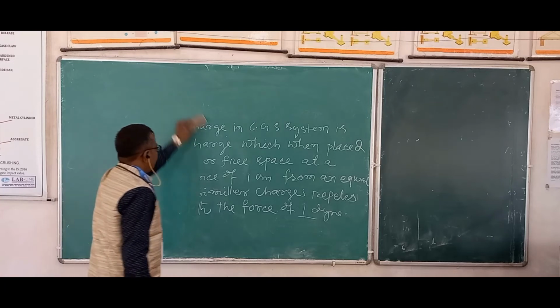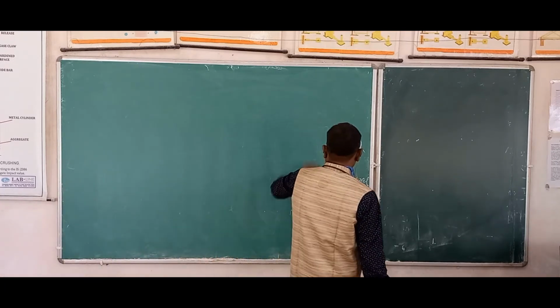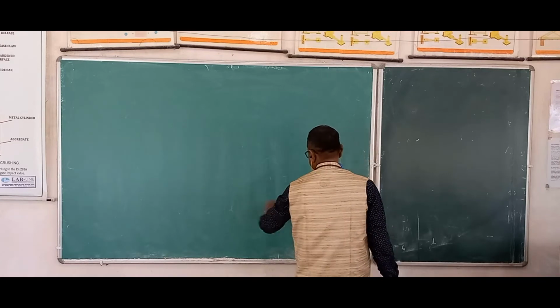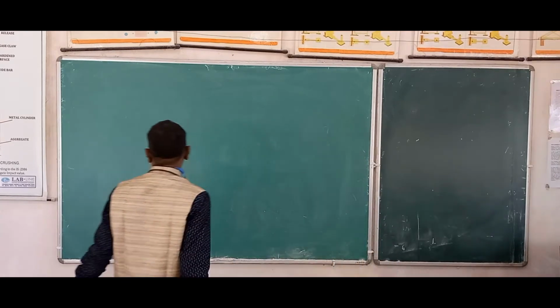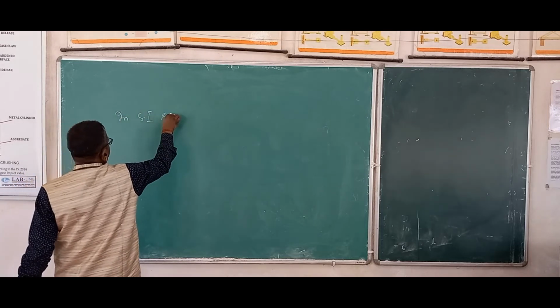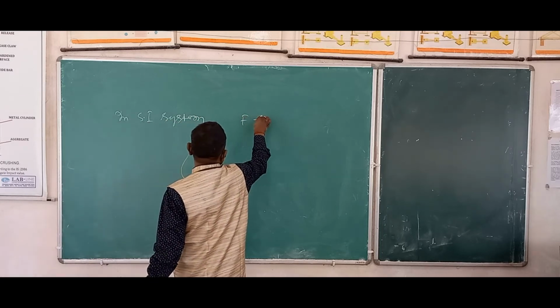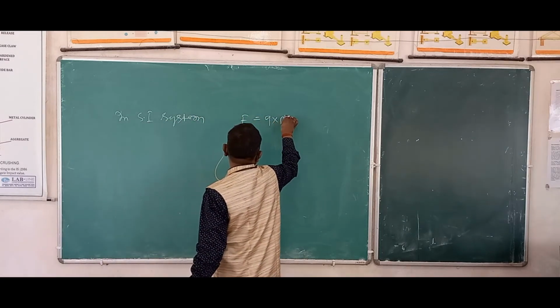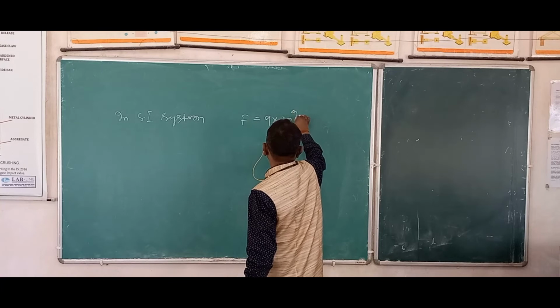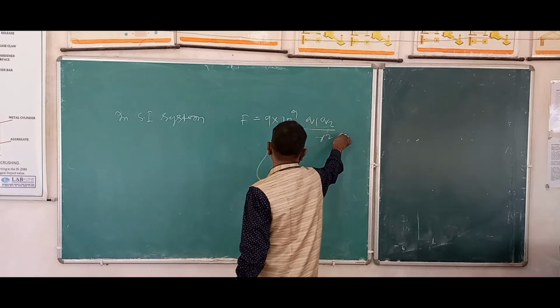Now come to the definition of unit charge in SI system. In SI system, F is equal to 9 into 10 to the power 9 Q1 Q2 by R square.